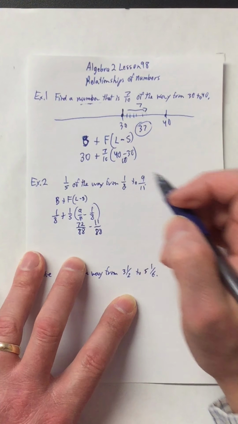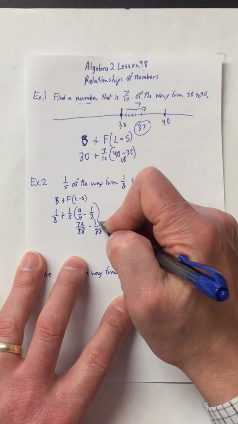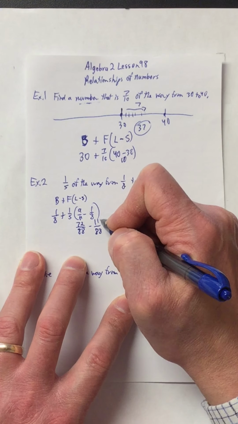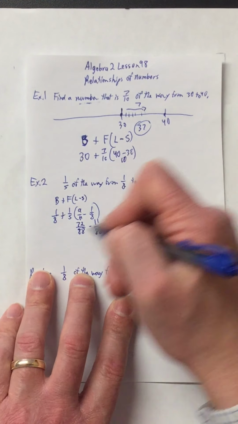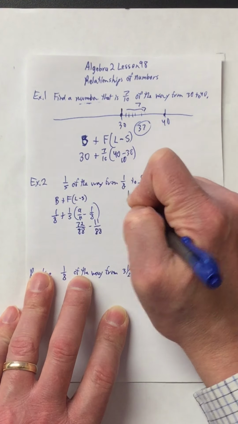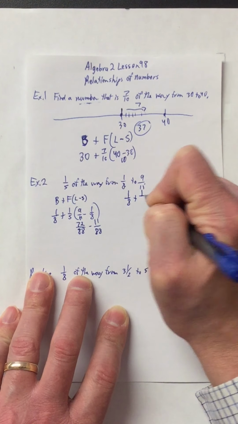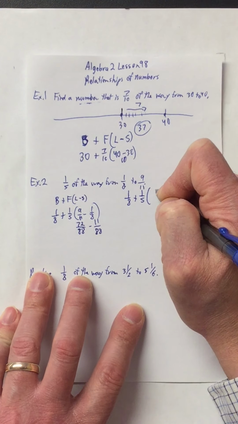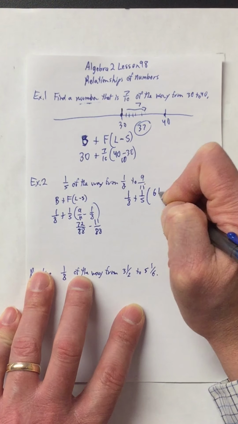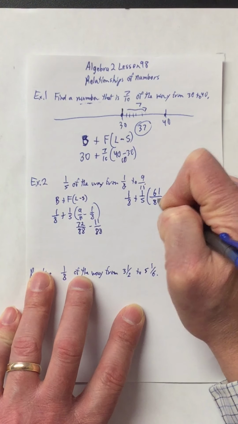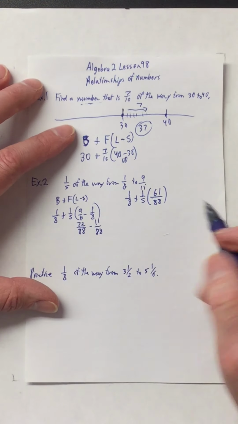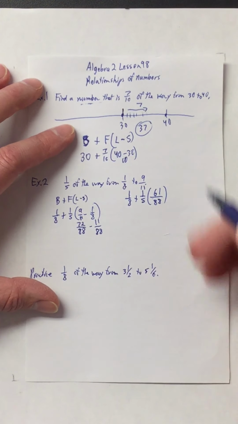So inside my parentheses, 72 minus 11, and I'm going to get 61. So let me rewrite that up here. 1/8 plus 1/5 with 61 over 88.